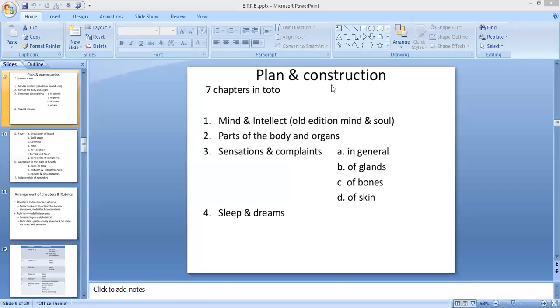Then the next chapter, the fourth part of this repertory, is sleep and dreams.